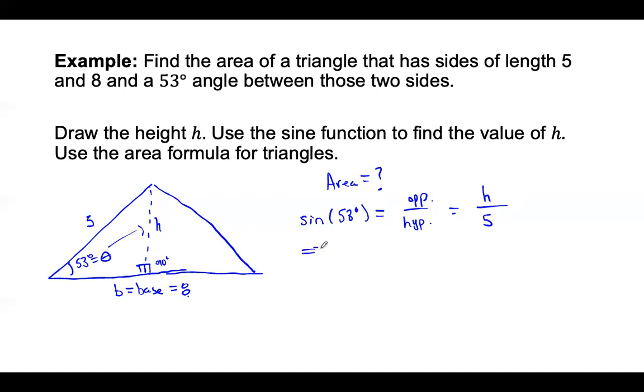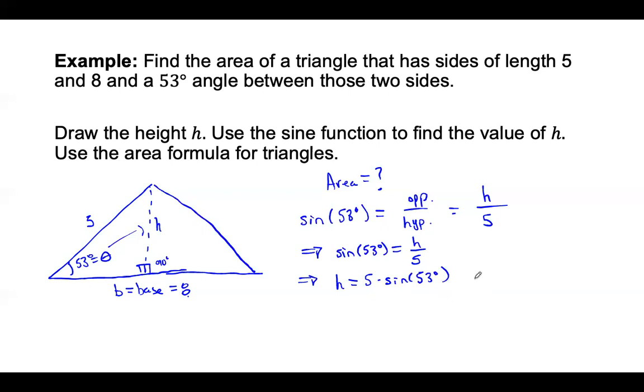So this implies sine of 53 degrees is equal to h divided by 5. We just multiply. So h is equal to 5 times sine of 53 degrees.